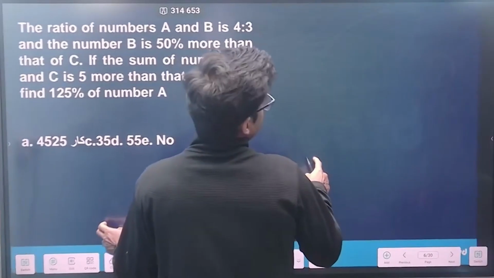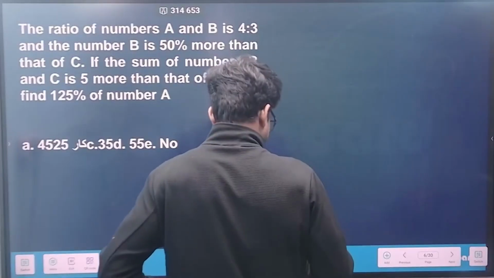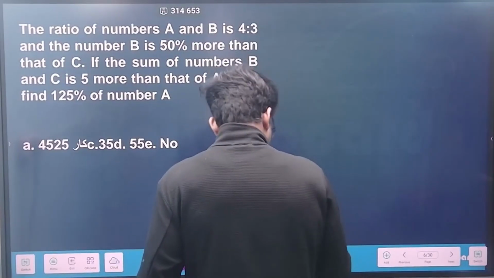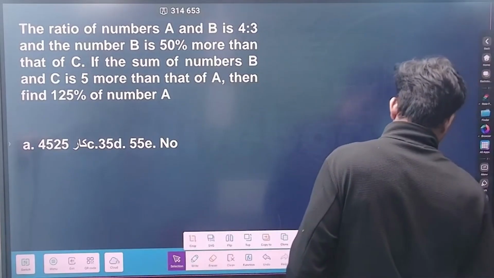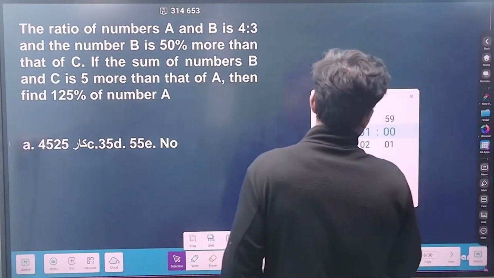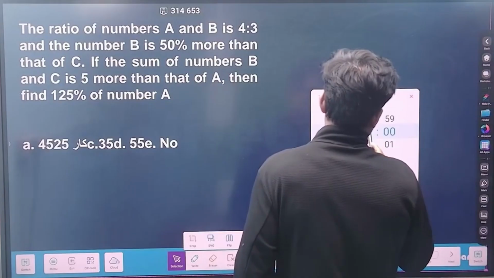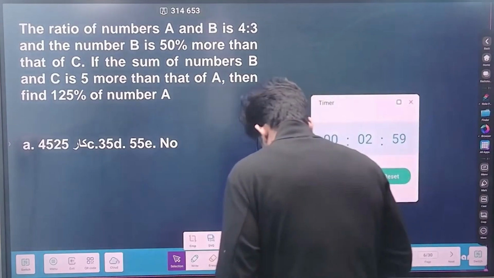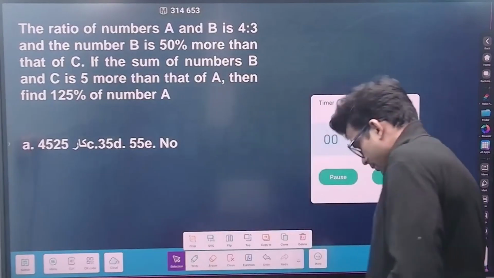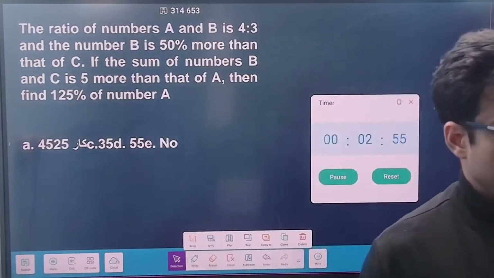Again, a previous year question, guys. This is also a previous year question. Let me give you the timer. 3 minutes. Try this. Do it properly.